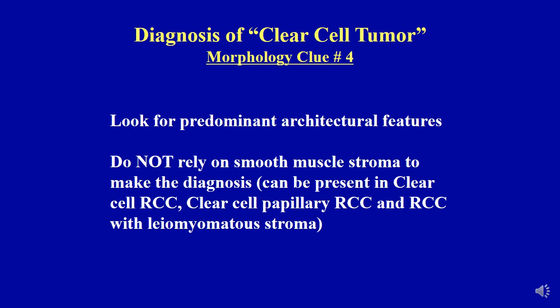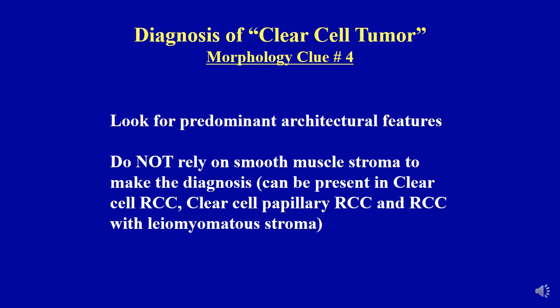Again, in my previous video focusing on renal cell carcinoma with leiomyomatous stroma, I emphasized 3 tumors: clear cell renal cell carcinoma, clear cell papillary renal cell carcinoma, and this RCC with leiomyomatous stroma. All of these 3 entities can show you prominent smooth muscle stroma.